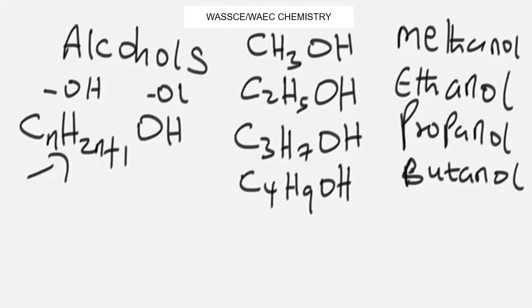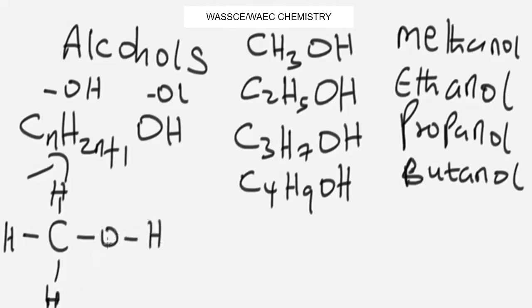Now let's look at the chemical structures of these first four alcohols. For methanol, since it has one carbon atom, this will be the chemical structure of methanol.